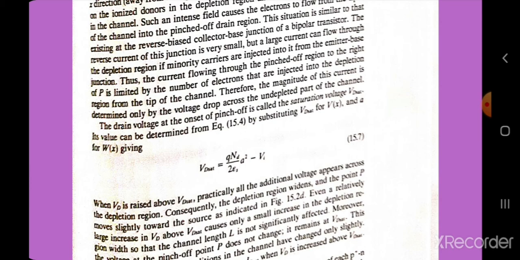A relatively large increase in Vd above Vd sat causes only a small increase in the depletion region width, so that the channel length L is not significantly affected. Moreover, the voltage at the pinch off point P does not change; it remains at Vd sat. This means that the electrical conditions in the channel have changed only slightly. Thus, the drain current saturates to a value Id sat when Vd is increased above Vd sat. This behavior is shown in this figure over here.